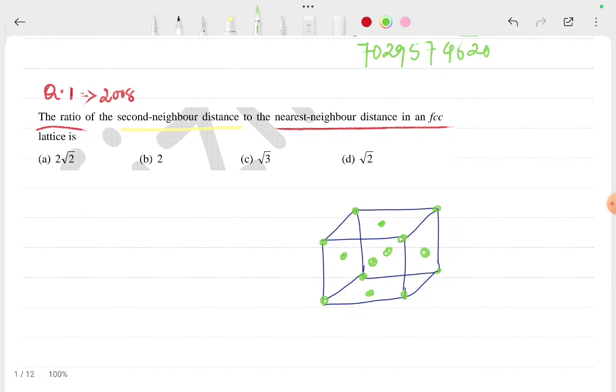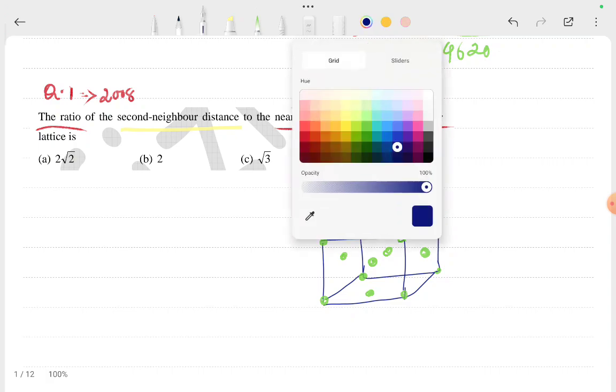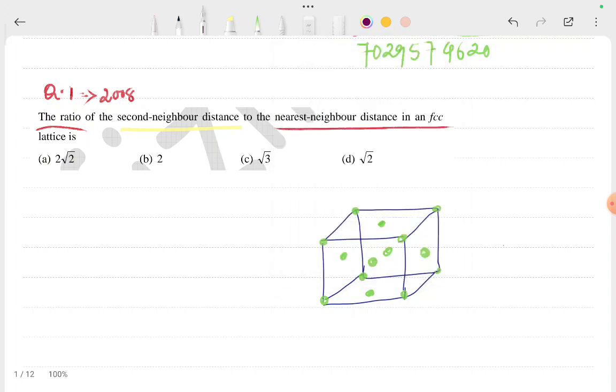First of all we mark the atoms. This is atom number 0, and this is atom number 1, and these are atom number 2. Here 1 stands for the first nearest atoms, and 2 stands for the second nearest atoms.